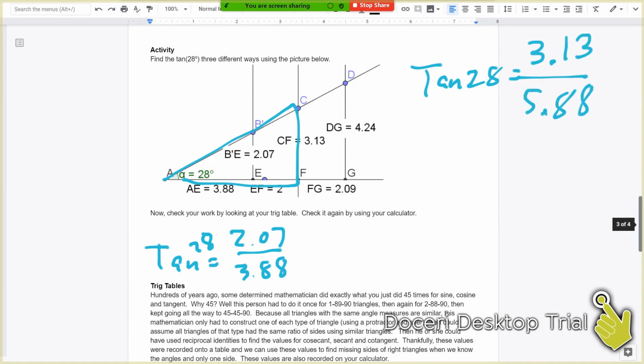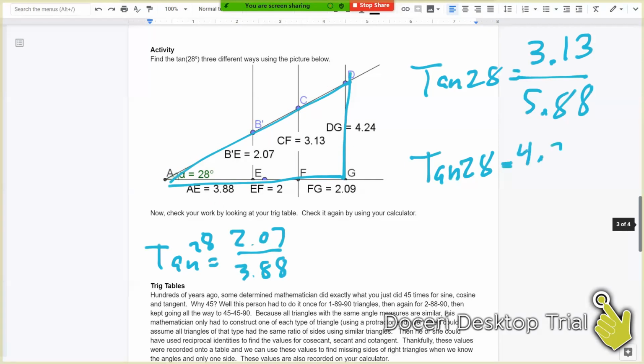I got 5.88 by adding these two together. Then if you look at the bigger triangle, the tangent of 28 is going to be 4.24 divided by the sum of all these three sides. So that would be 5.88 plus 2.09, which is 7.97.